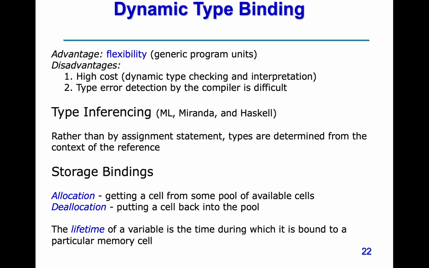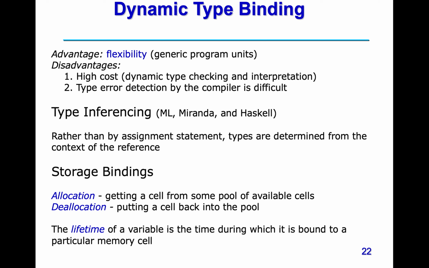So dynamic type binding is more flexible. Yes, it is. So you have generic, I is equal to this, I is equal to that. The disadvantages of it is it might be a high cost in terms of calculation. Dynamic type checking and interpretation. Type error detection by the compiler is difficult.